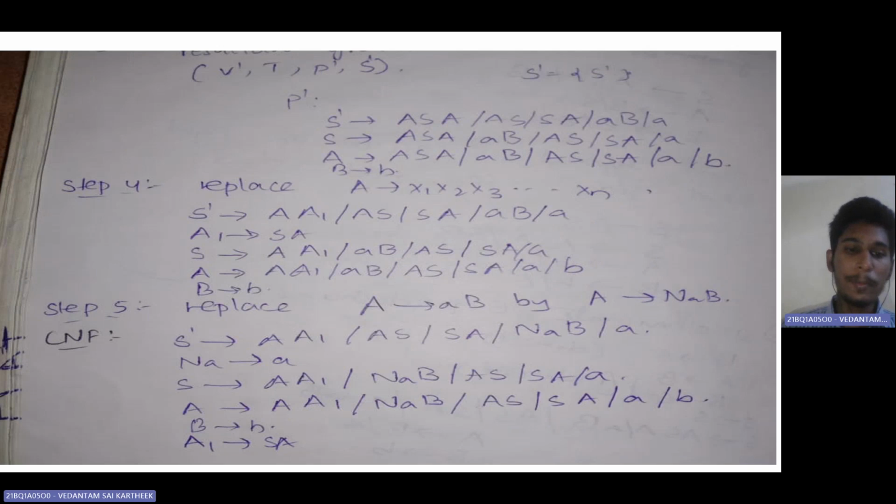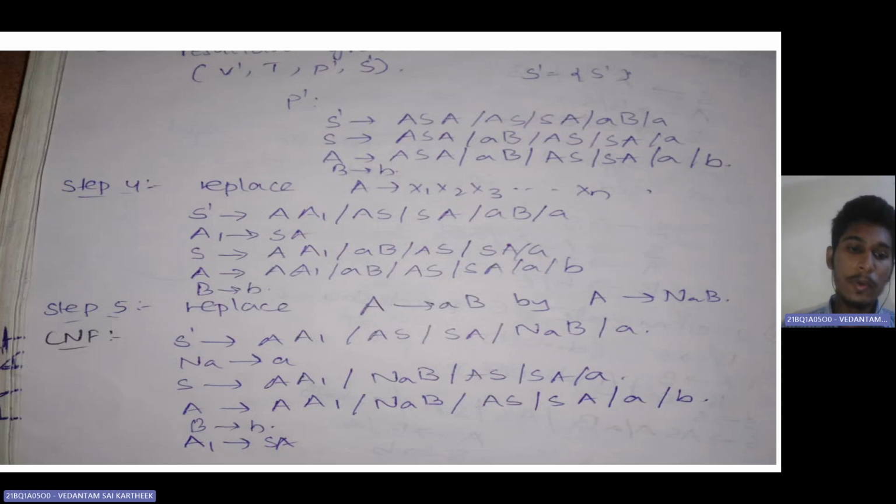After this step 4, if there are any productions of A implies small a, capital B, we will replace the small a with Na, where Na will be produced as Na gives a. We will replace all those productions in such a way.